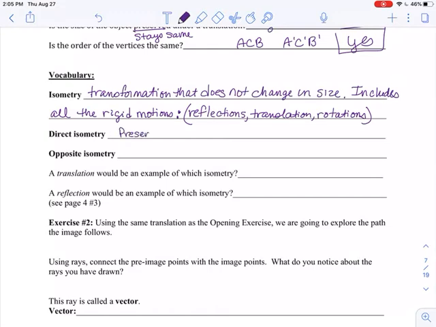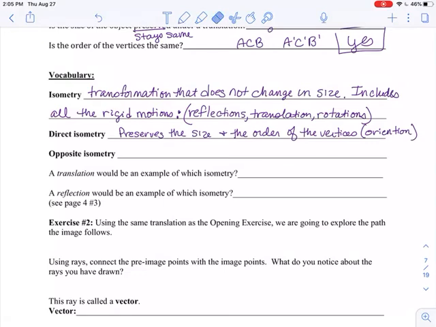A direct isometry preserves the size and the orientation. It preserves the size and the order of the vertices. What I was talking about up above with that going clockwise, ACB. So it preserves the size and the order of the vertices, and we call that the orientation.